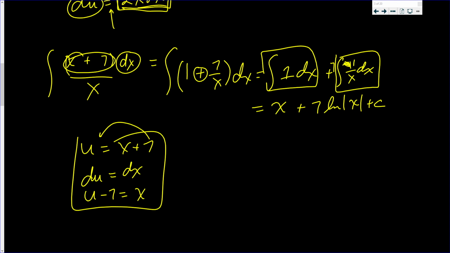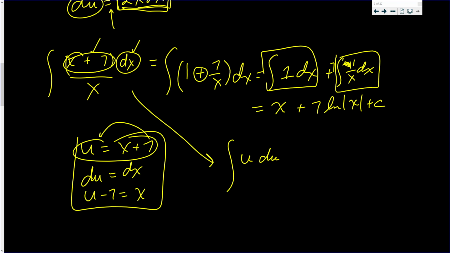So yes, I can rewrite that integral in terms of u. X plus 7 is u, dx is du, and x is u minus 7. This did not help at all.